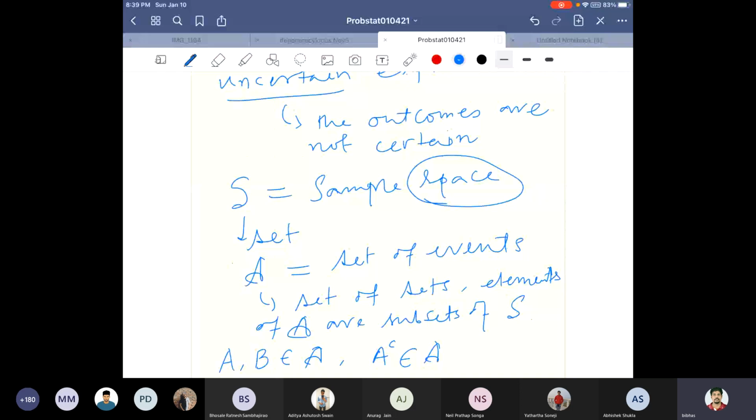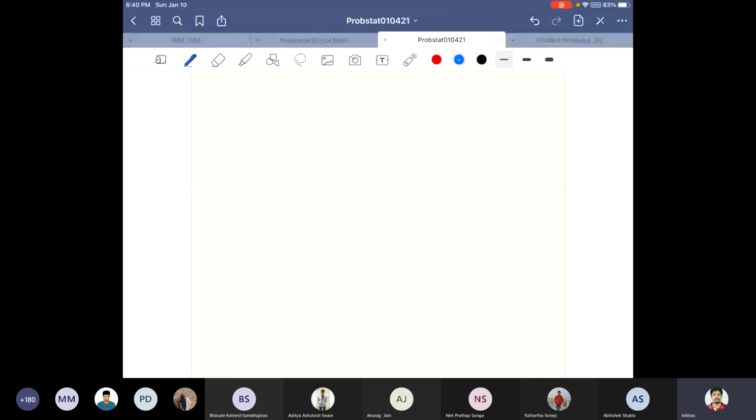Based on these concepts of sample space and set of events, we said we'll define a function called the probability measure, which takes values from A to the interval 0 to 1, or you can say it takes non-negative values.